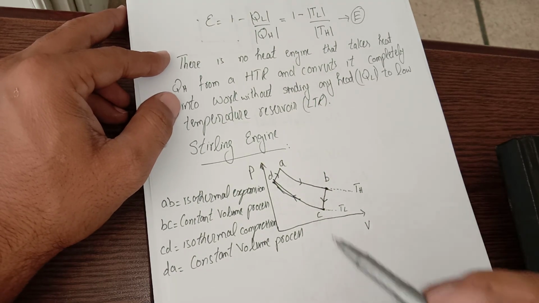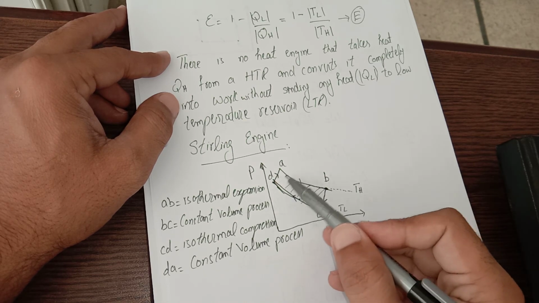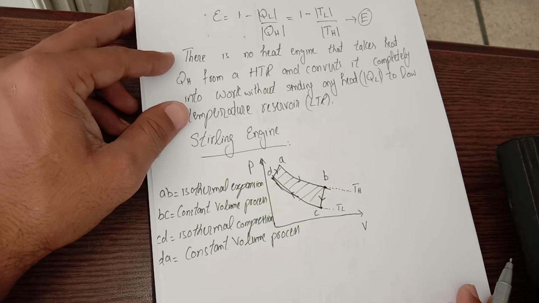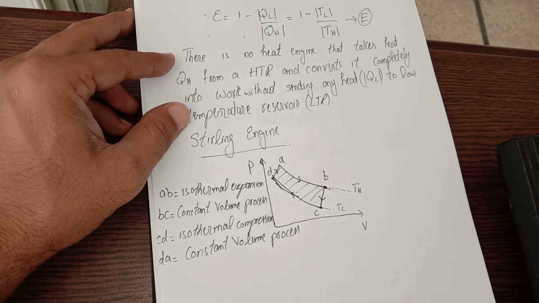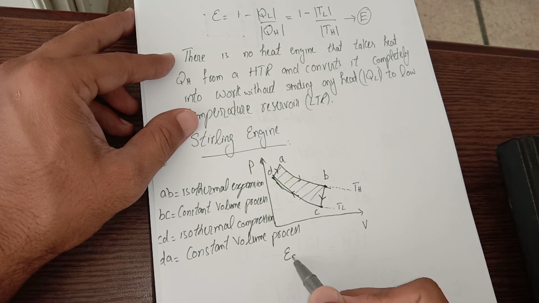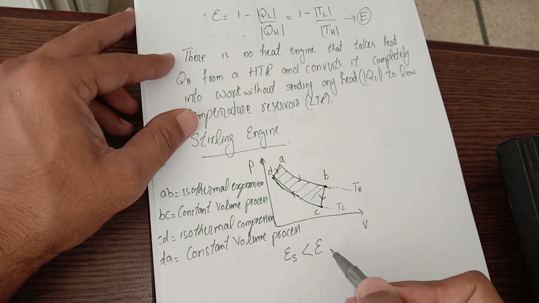And if you are interested in calculating the work done, the net work done would be this one. And it is known that the efficiency of this Stirling engine is less than the efficiency of the Carnot engine.